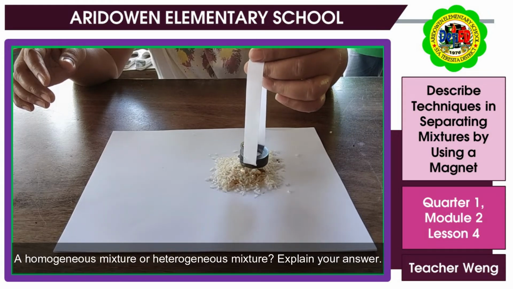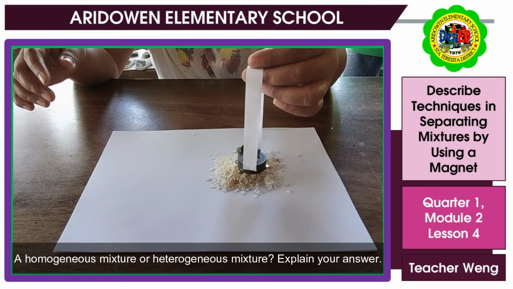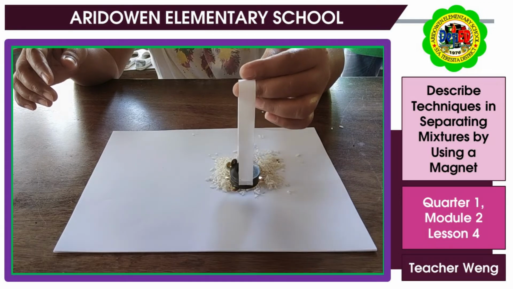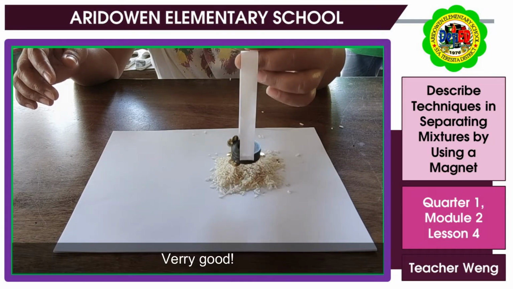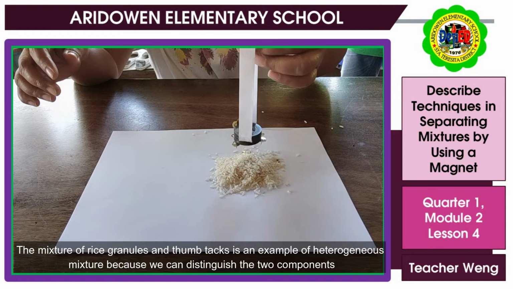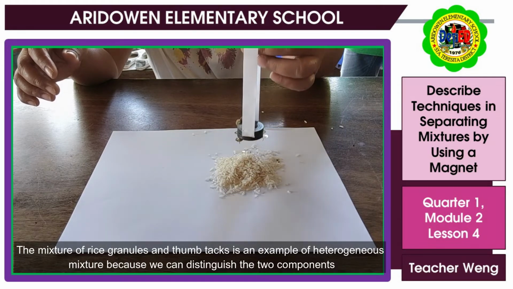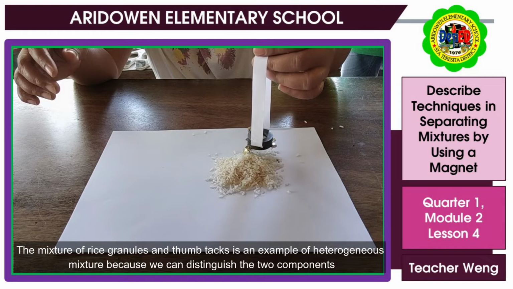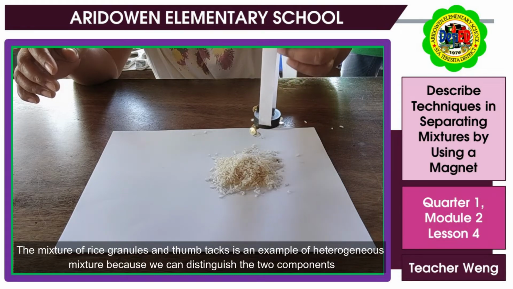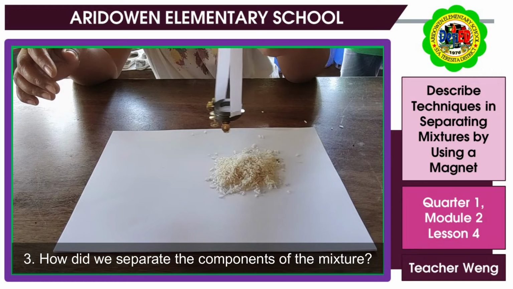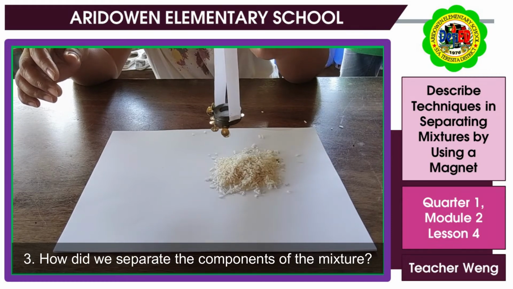A homogeneous mixture or heterogeneous mixture? Explain your answer. Very good! The mixture of thumbtacks and rice granules is an example of heterogeneous mixture because we can distinguish the two components. Number 3. How did we separate the components of the mixture?